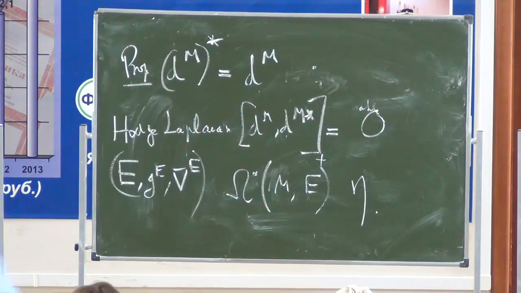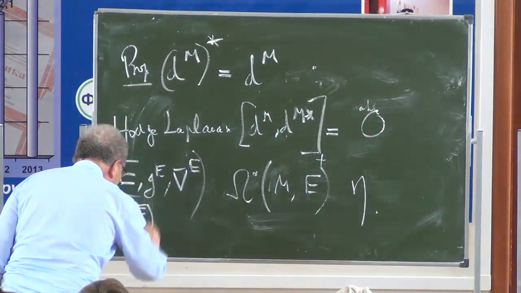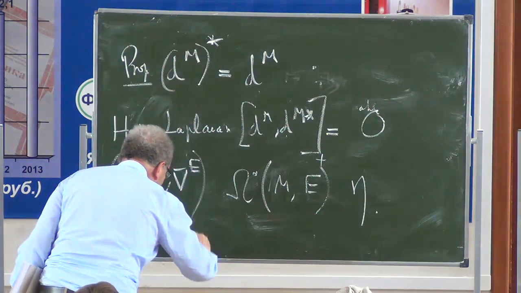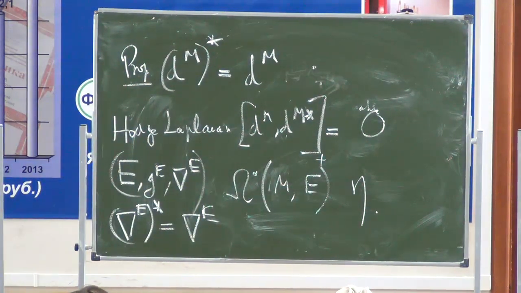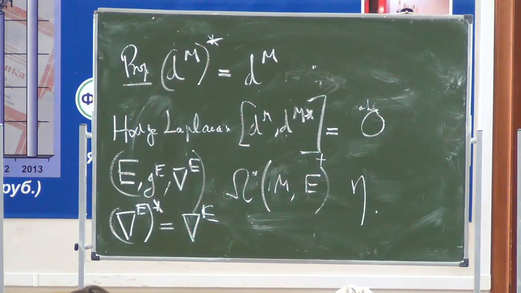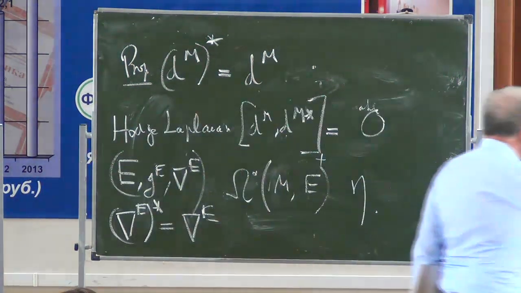And then what you find is that the adjoint of the connection is equal to itself. In other words, with respect to this exotic new pairing between forms, the adjoint of the connection is equal to itself.